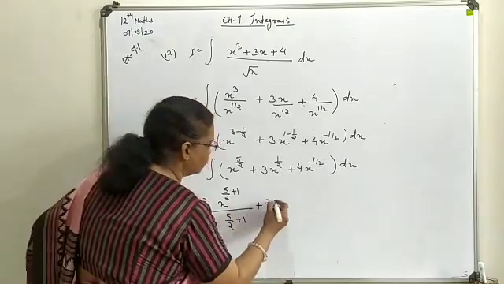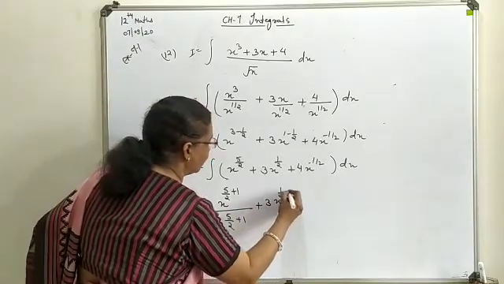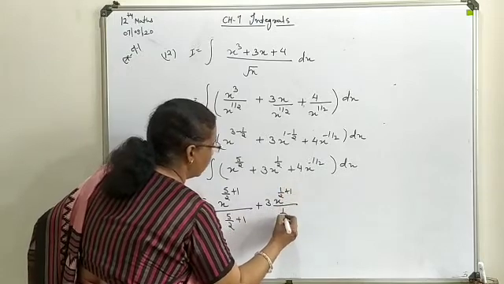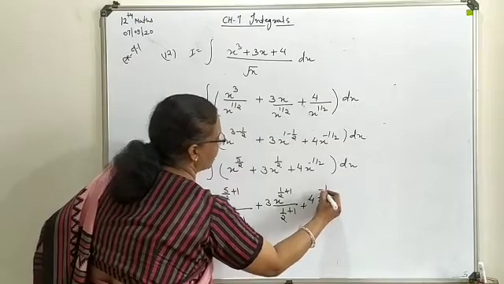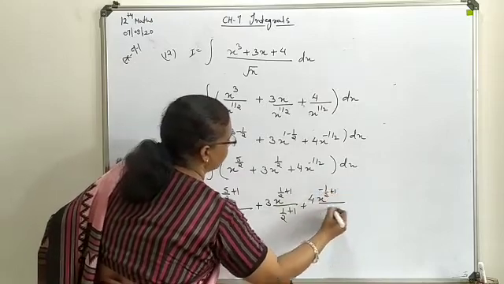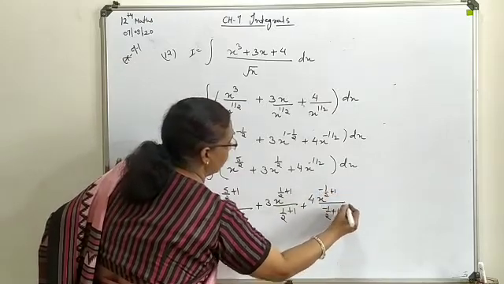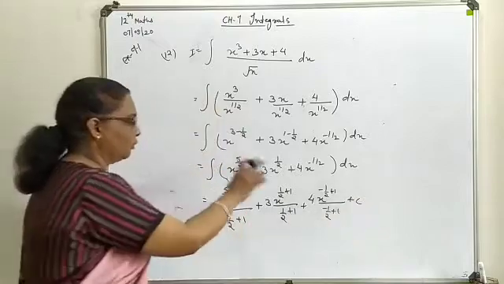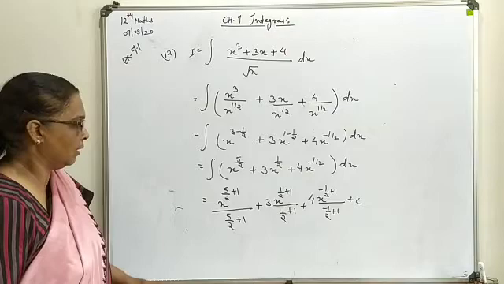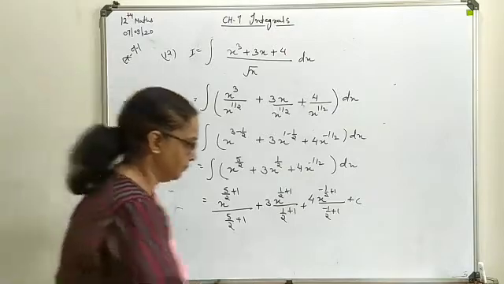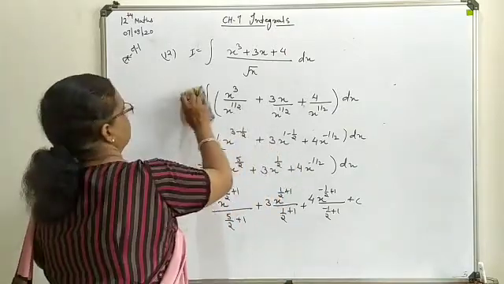This is your 3 x power half plus 1 upon half plus 1, plus 4 x power minus half plus 1 upon minus half plus 1. Now go for adjustment of the power and the denominators.